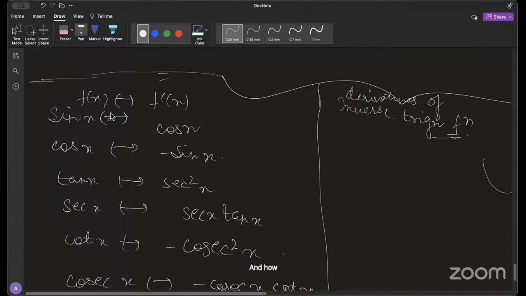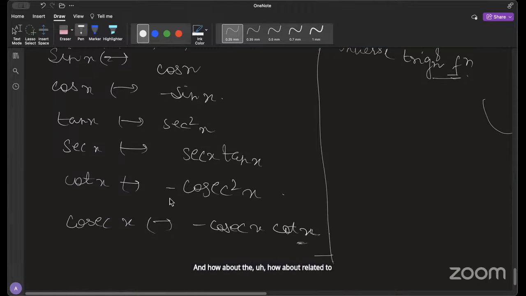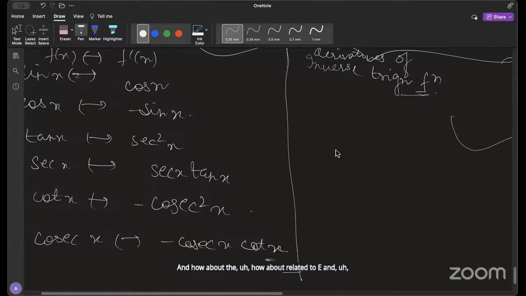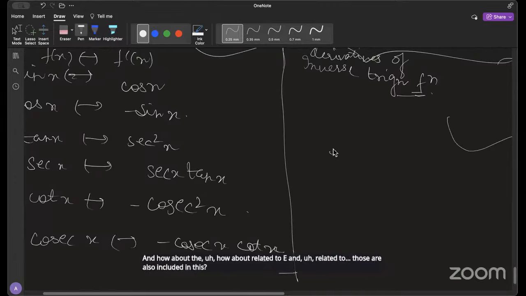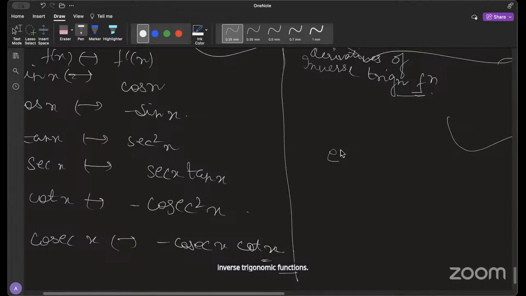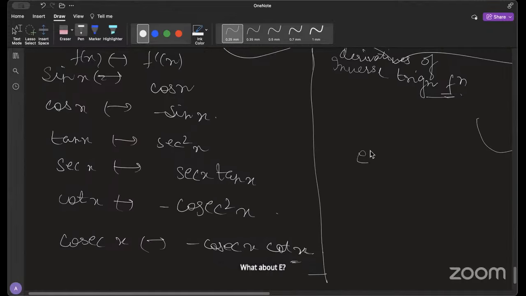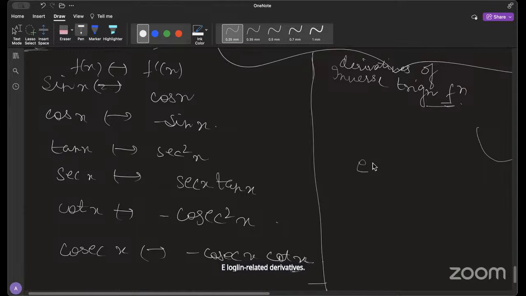And how about the derivatives related to e, log, ln? We've already discussed the derivative of e to the power f(x) in the last one, right?